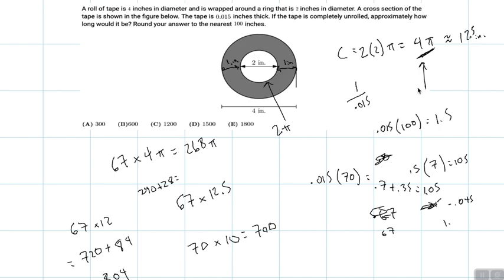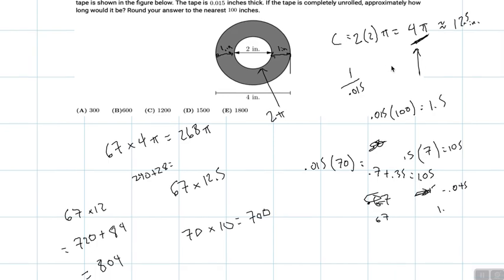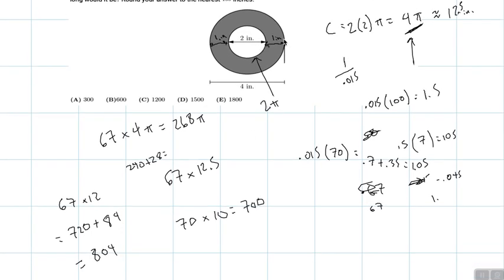So on average, the circumference is going to be 3 pi, I believe. Because in the middle here, the circumference around is going to be 3 pi. Circumference is then going to whittle down to 2 pi. So I'd say on average, the length of the tape is going to be 3 pi, which is about 9.4 inches.